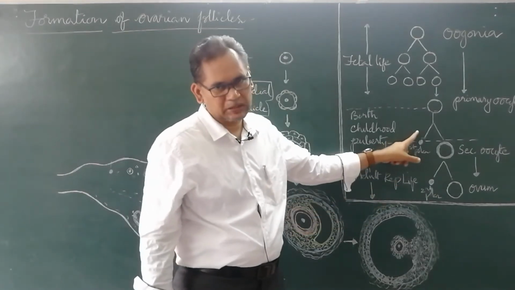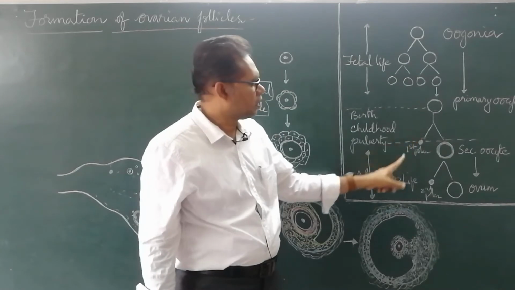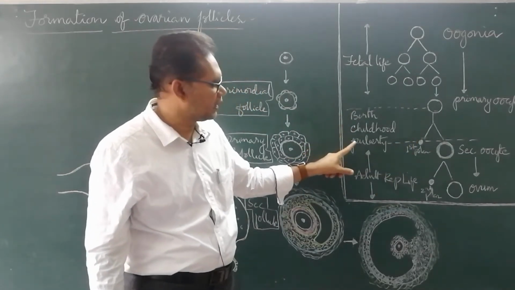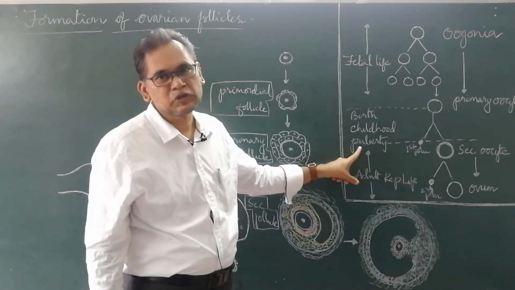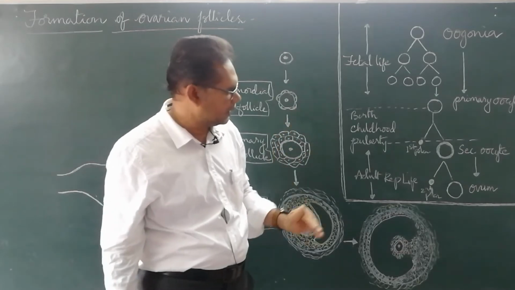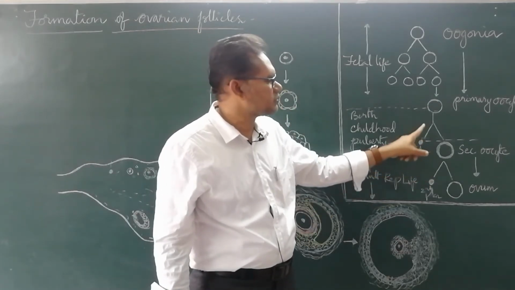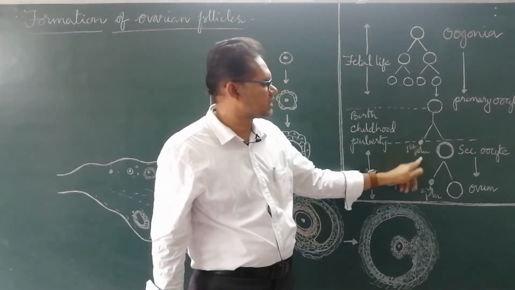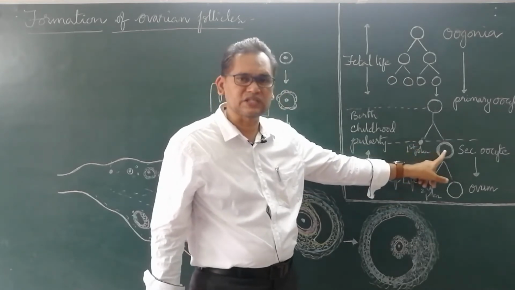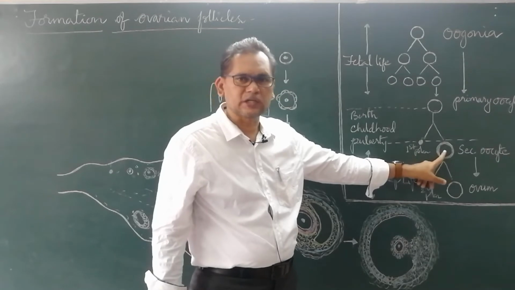It is arrested. Hence at birth, in childhood, as well as when the girl reaches puberty, meiosis 1 which was stopped at prophase 1 diplotene again begins and it forms two nuclei: the first polar nucleus and the secondary oocyte.